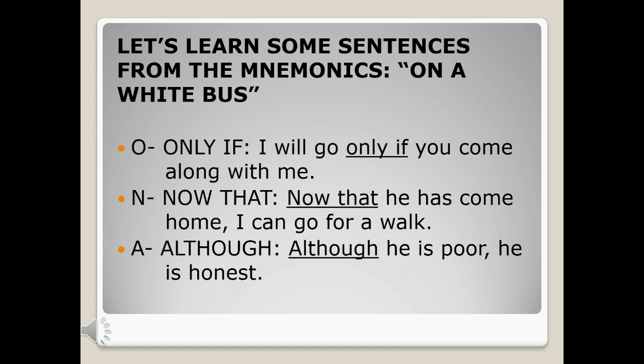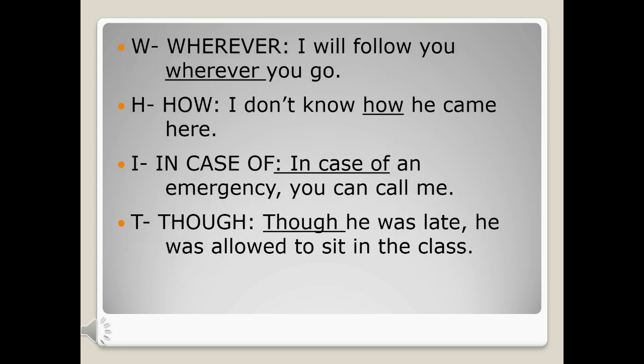A, although he is poor, comma, he is honest. W, wherever. I will follow you wherever you go. H, how. I don't know how he came here.